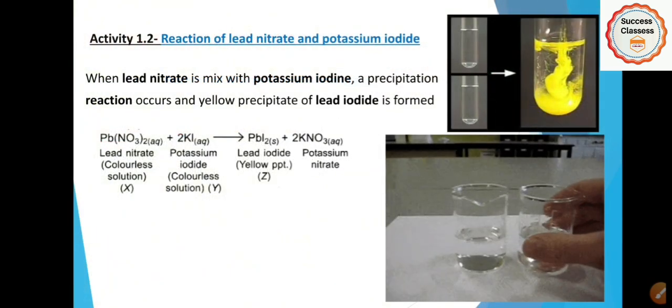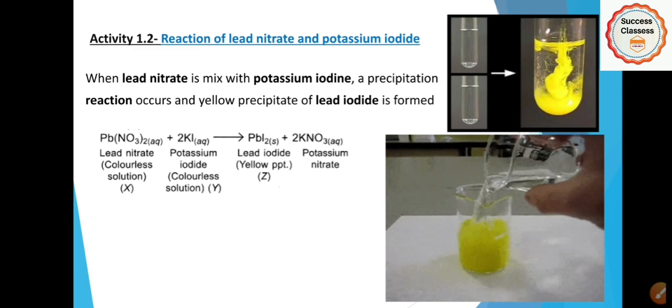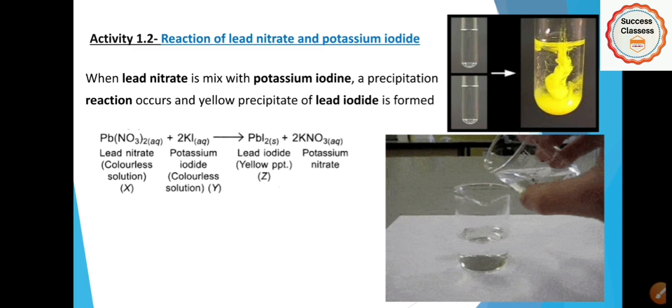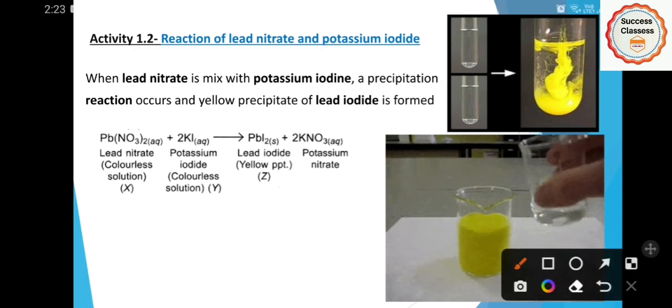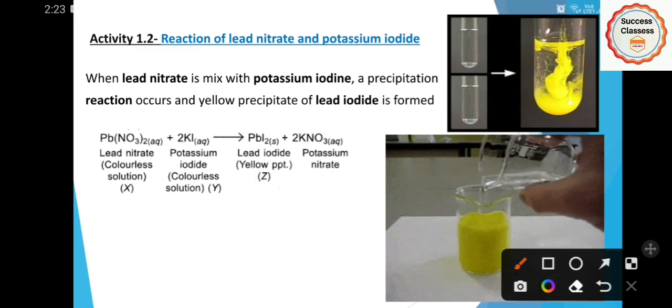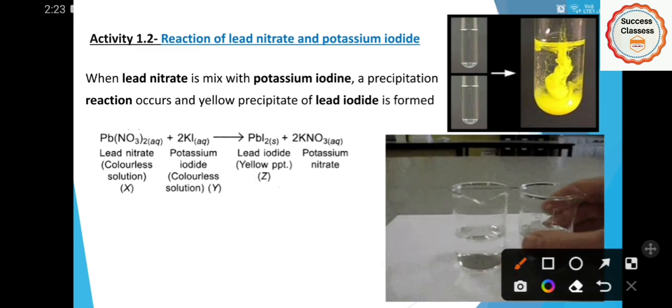Now the second activity is the reaction of lead nitrate and potassium iodide. When lead nitrate is mixed with potassium iodide, a precipitation reaction occurs and the yellow precipitate of lead iodide is formed.